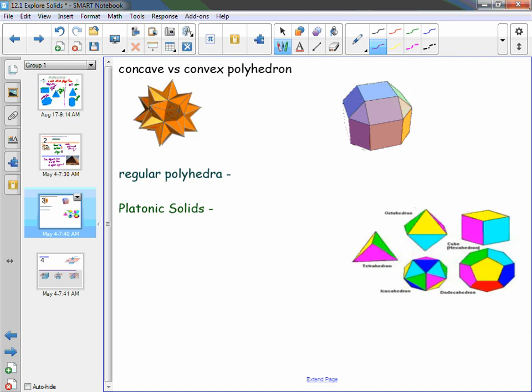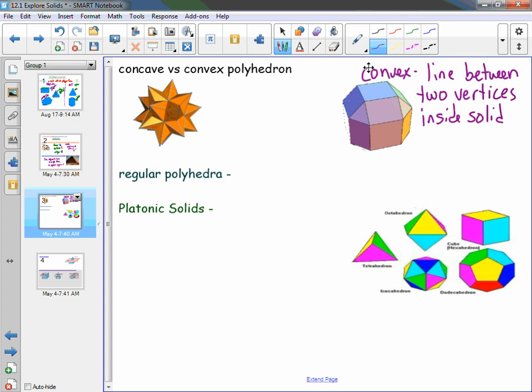All right, concave versus convex. We've seen concave and convex before when talking about a two-dimensional figure in a plane, when talking about sides. What we say is the line between two vertices is inside the solid. So I can pick any two vertices on the solid and draw a line between them, and it's going to be completely within the solid.